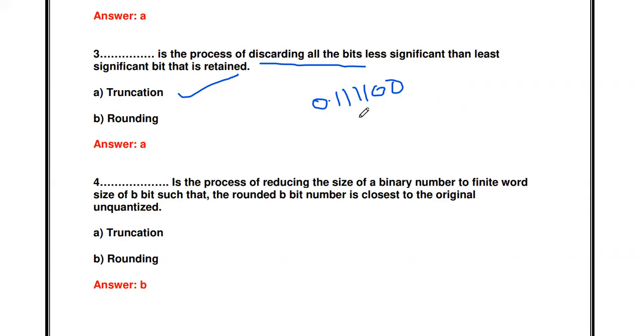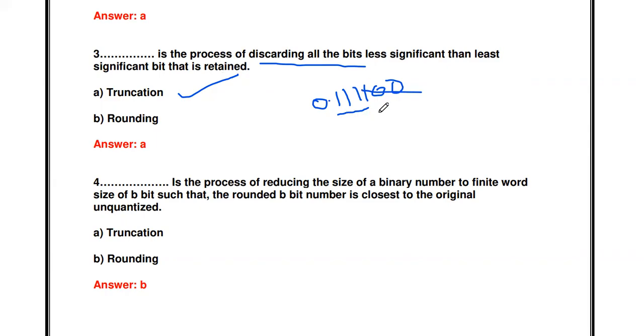If we want to truncate this data to only 3 bits, we retain these 3 bits, and from the 4th bit we just discard. Whether the value is 1 or 0, if you are discarding, this process is called truncation.